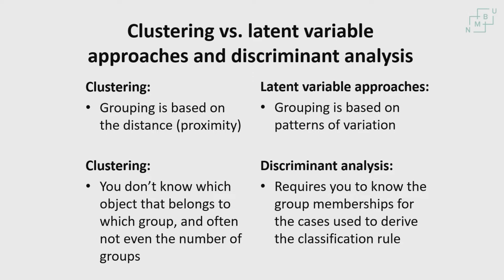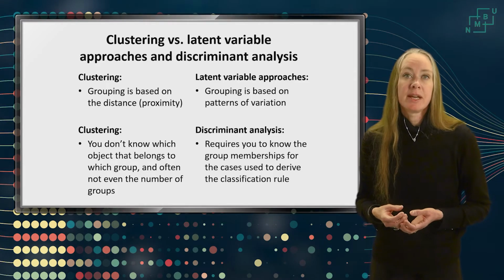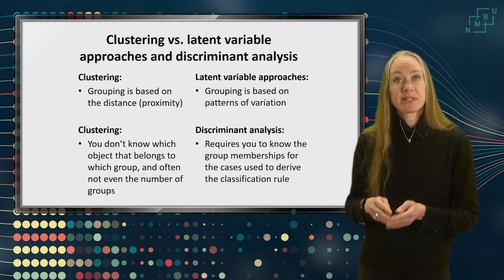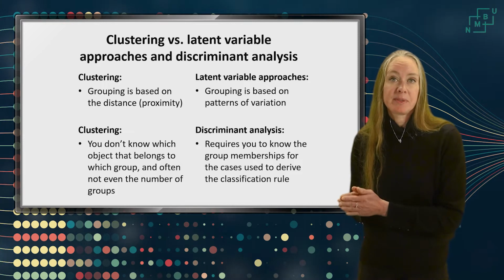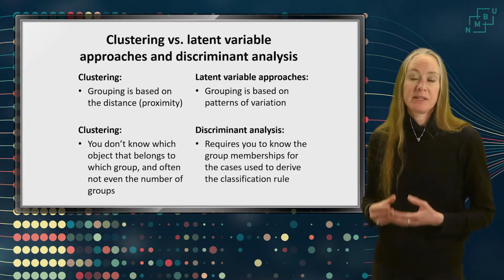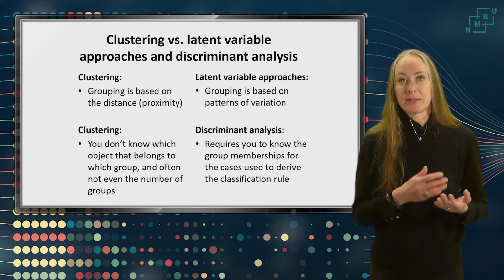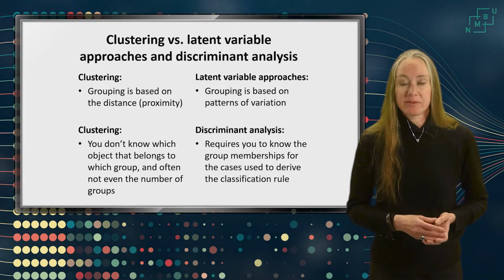So in discriminant analysis, we try to derive a prediction model that can predict the group memberships for new data points based on what we know about the data that we use for deriving the classification rule. So in discriminant analysis, we deal with two sets of data: one set of descriptors and one set of group memberships. So discriminant analysis is a supervised learning method, while clustering and PCA are unsupervised learning methods where we deal with only one set of data.